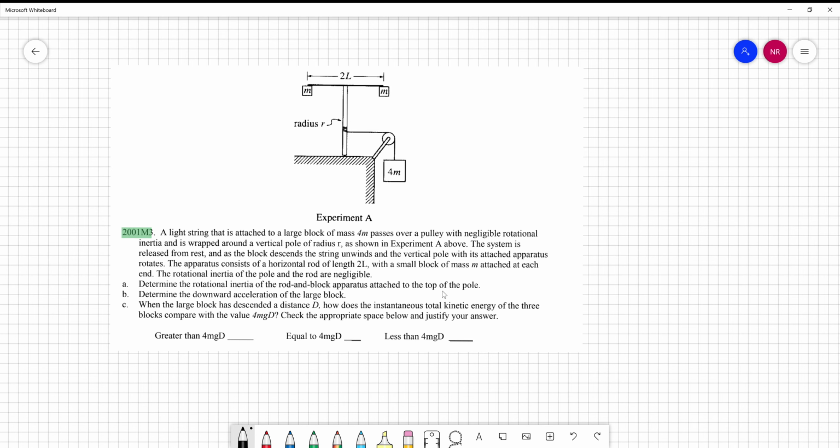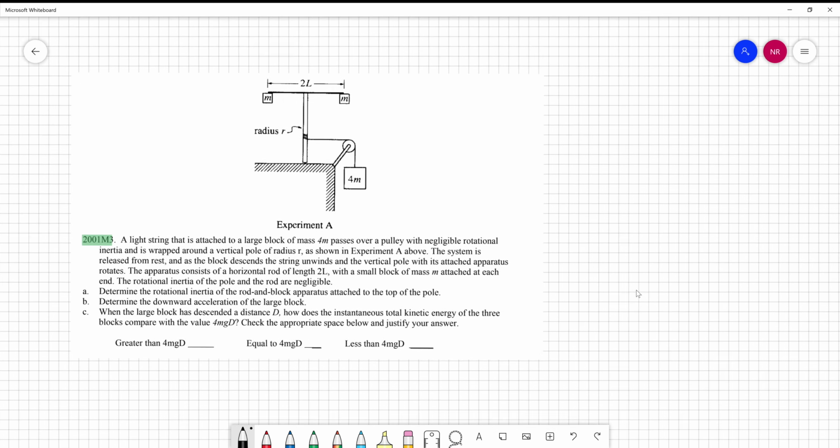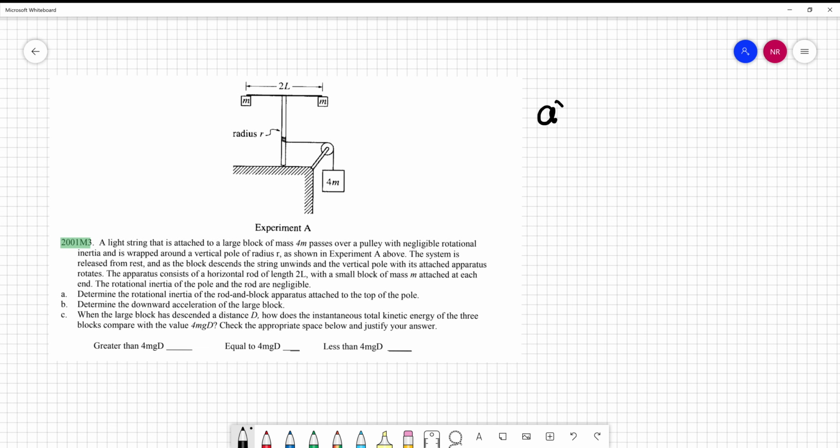So the rotational inertia, I'll go to the right. Rotational inertia is I, and that's equal to the sum of all the mr squares on the object. Since the masses of the object are only on the right side and the left side, a distance L away, we can just sum them up.